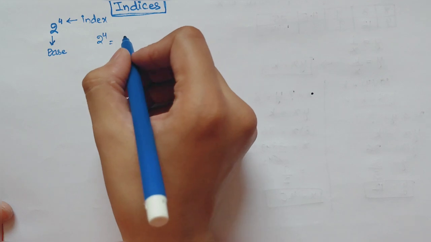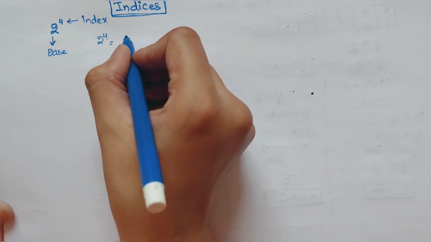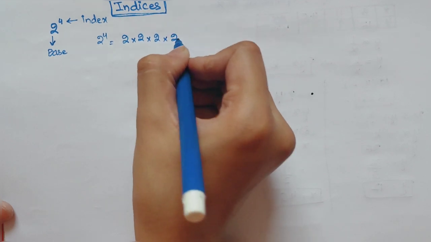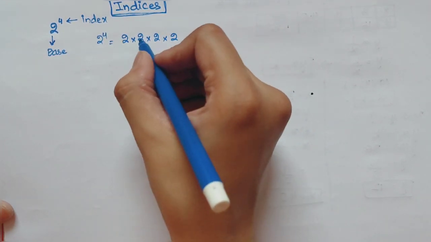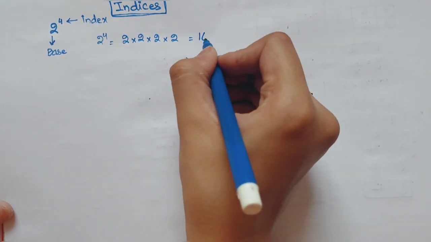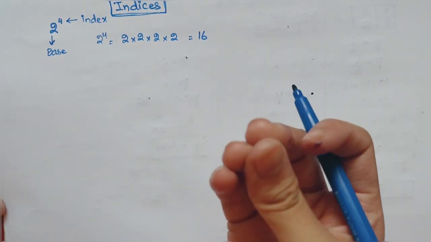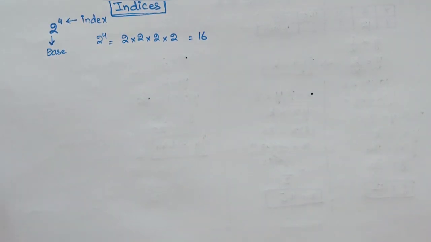I hope you are all familiar with it. It means you have to multiply 2 four times. 2 2s are 4, 4 2s are 8, and 8 2s are 16. It means 2 power 4 is equal to 16. This is just an introduction to what indices mean and what you have to do with the power.